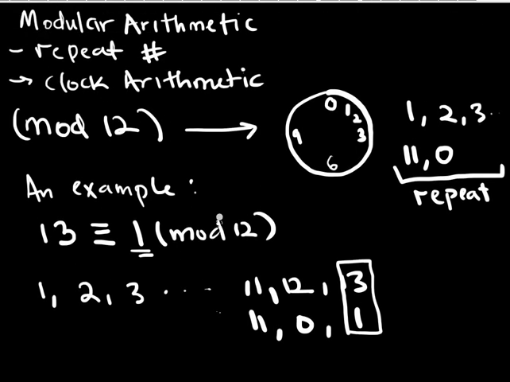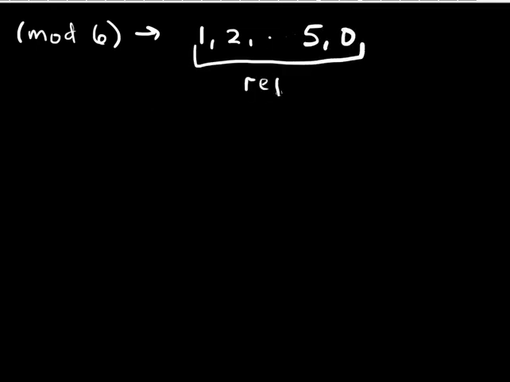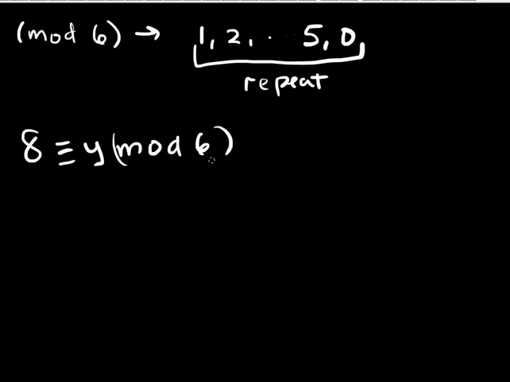Let's look at another example, say, in mode 6. In mode 6, our numbering system goes from 1 all the way to 5 and then 0. These are all the numbers that we need because it's going to repeat itself. So what does 8 represent in mode 6?